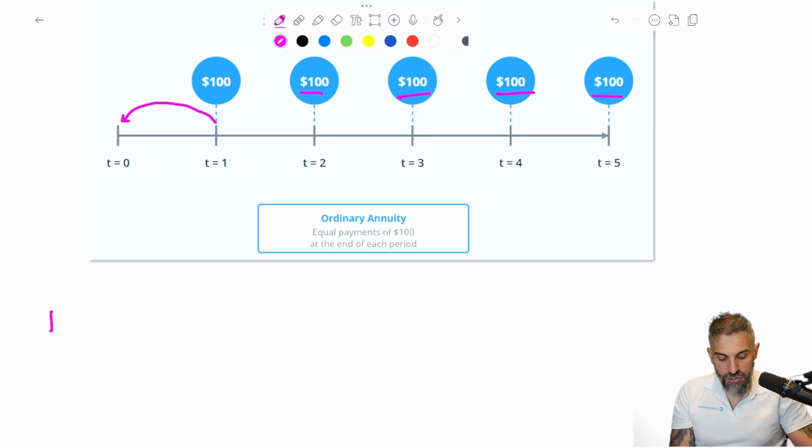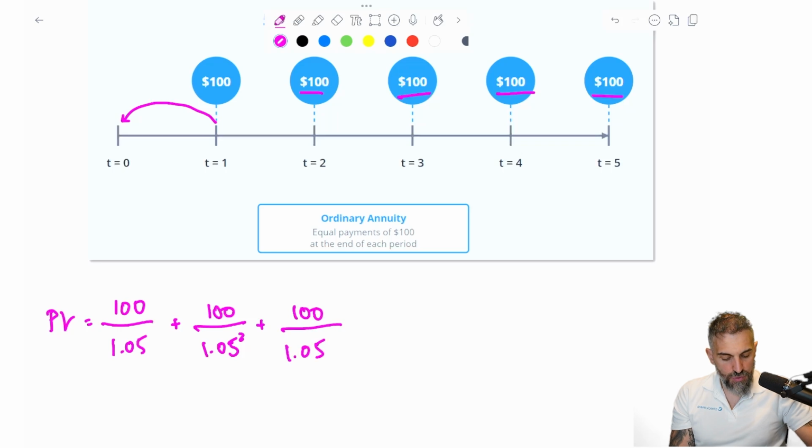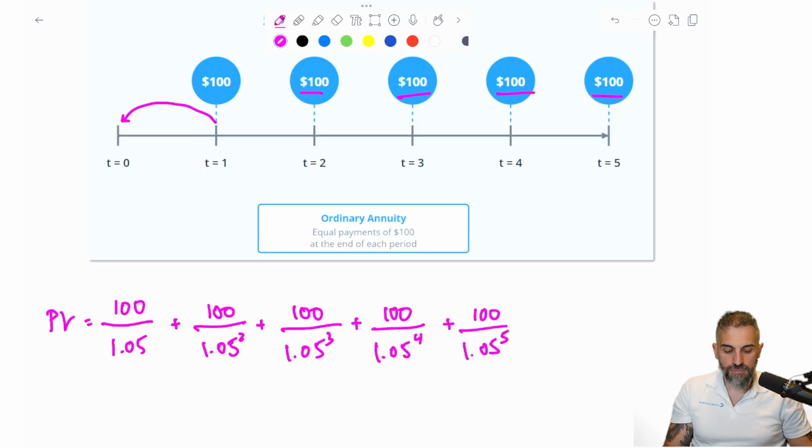If you only had the first kind of techniques I showed you, it would be a pretty long equation where you would have to basically add all of their respective present values and say, well, that's $432 and 95 cents. Okay. Yeah, technically that works.